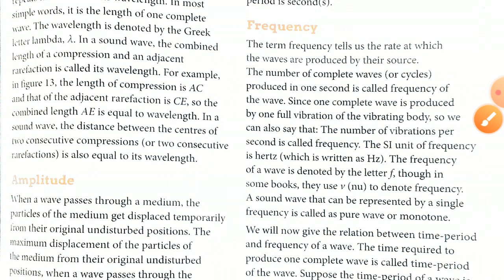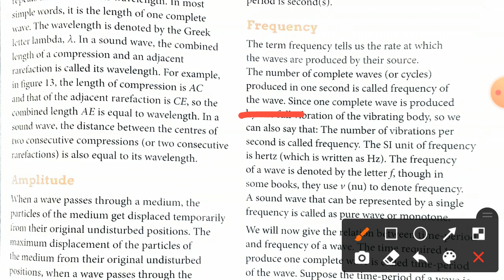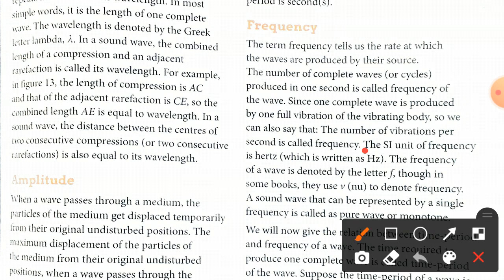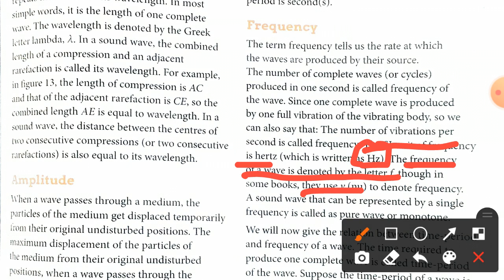Since one complete wave is produced by one full vibration of the vibrating body, we can also define frequency like this: the number of vibrations per second is called frequency. Clear? The SI unit of frequency is Hertz, which is written as Hz, capital H and small z. The frequency of a wave is denoted by letter capital F, or sometimes it is represented by small n or nu. You can see here nu is also called frequency.